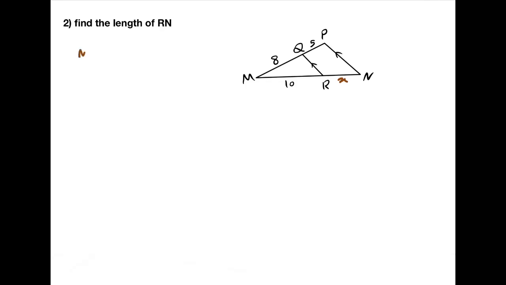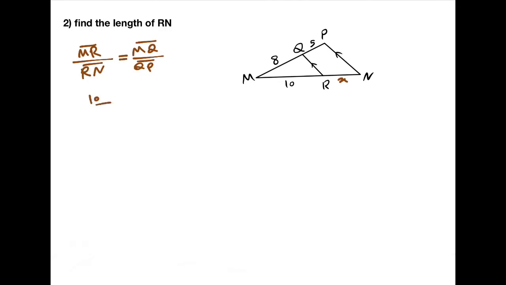So it's MR divided by RN equals MQ divided by QP. So now let's replace the values. MR is 10, RN is x. This must be equal to MQ is 8, QP is 5.